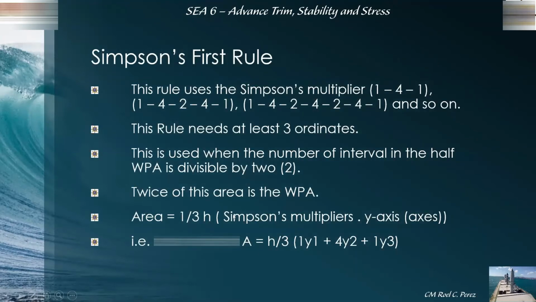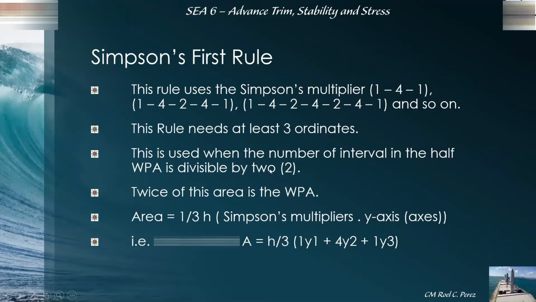Okay. So I mentioned already, twice of this area is the water plane area. So this is the formula. Area is 1/3 times height and multiplied by Simpson's multipliers times y-axis. So axis plural lang ha. Kasi it is y1, it's either y1, y2, y3 or y1 to y5.